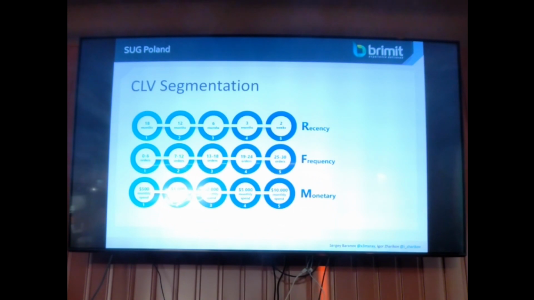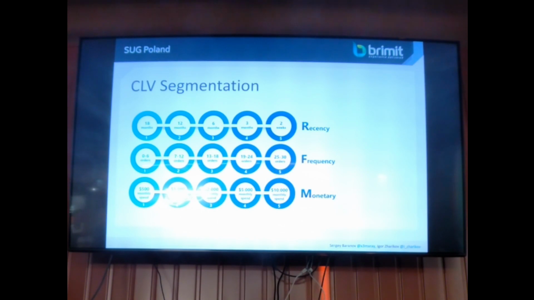So let's review the segmentation itself. First, you need to analyze the customers you've got and work out sensible ranges for recency, frequency, and monetary values. Then you split them into 3 or 5 equal buckets. They can be equal in size or range of values, but it often works better if the buckets are an equal distribution of customers.